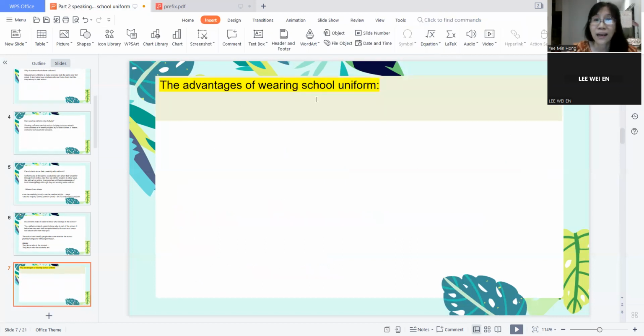Okay, moving to the part, the advantages of wearing school uniform. You can list out a few. So can you list out and then say it out? Okay, I give you 1 minute to list out the points. Think about what are the advantages of wearing school uniform. Just now we already mentioned several, right? So now I want you to list out main points only.